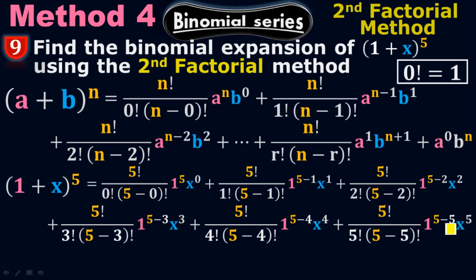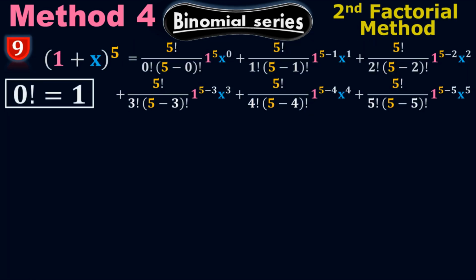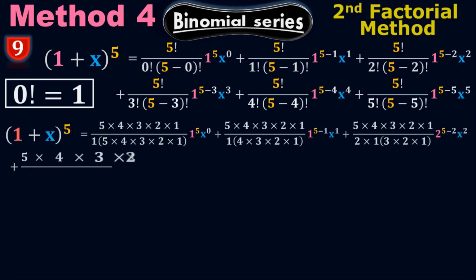The second indication is that if this n, this yellow n, equals to the r, remember this is my r, 3, 4, 5, 2, 1, this is my r. So if n equals to r, like we have it here, 5 and 5, then we have to stop the process. We know that 0 factorial equals to 1. To further simplification, you will get this expression on the right side.